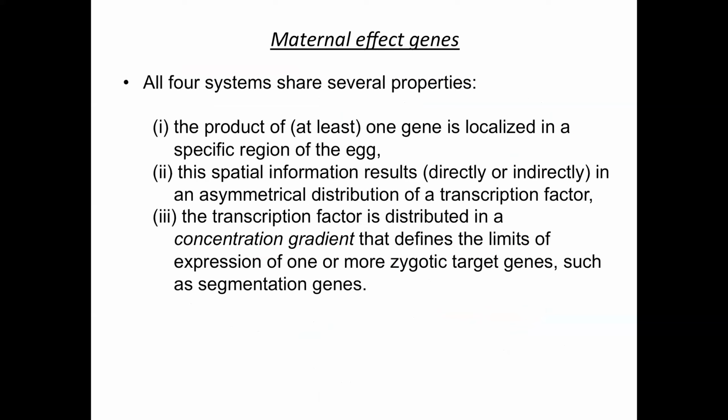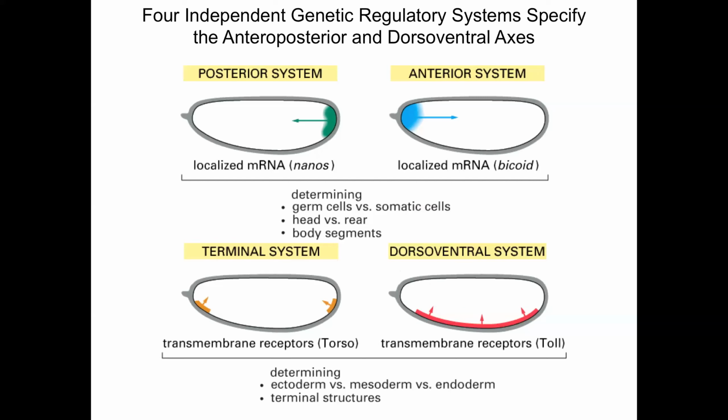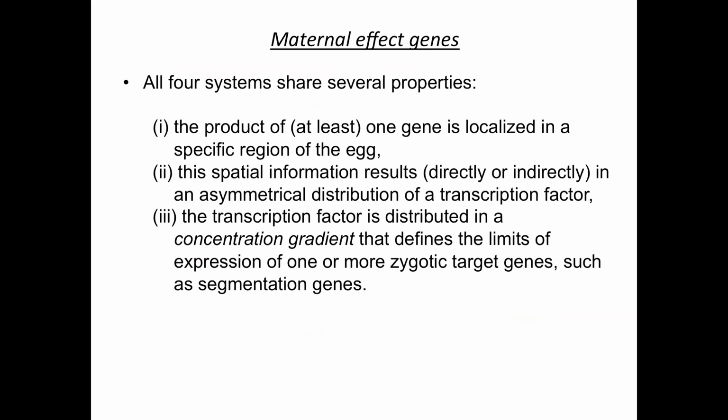And this is genetically controlled, meaning there is a gene that controls this particular region. So if you look at anterior, bicoid controls anterior, the nanos gene controls posterior, torso will control the terminals, and toll will control the dorsoventral. So each coordinate is controlled by a gene product.